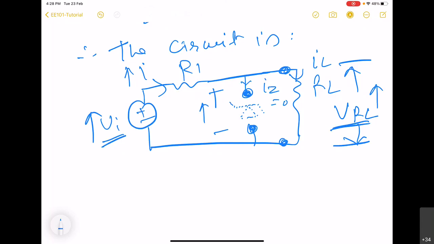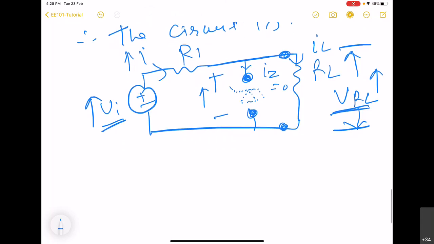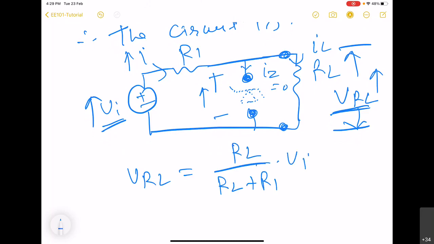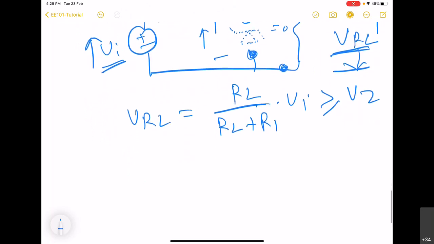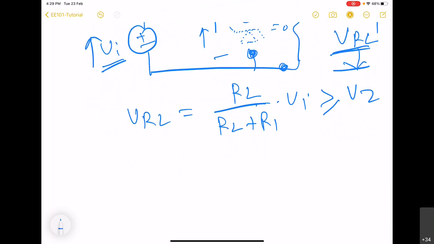Currently it is 0. So we have to find out what is VRL, and this VRL is RL divided by RL plus R1 into Vi, and when this one is greater than or equal to VZ, diode will start conducting. So the lower limit on this Vi you can see is when this equality is taken.